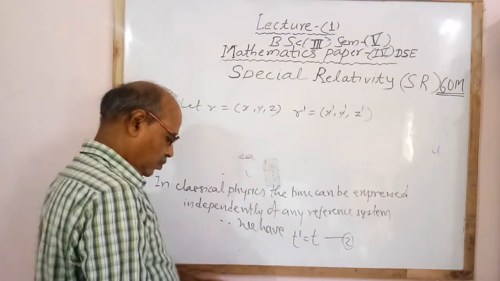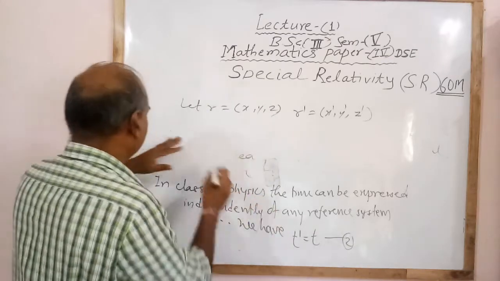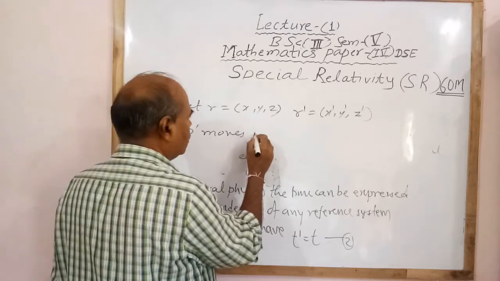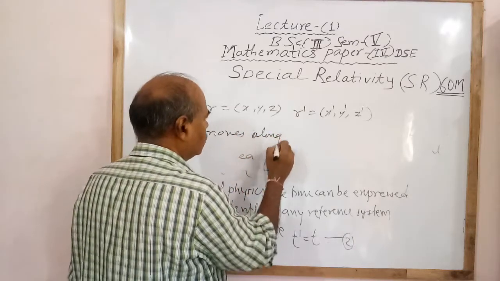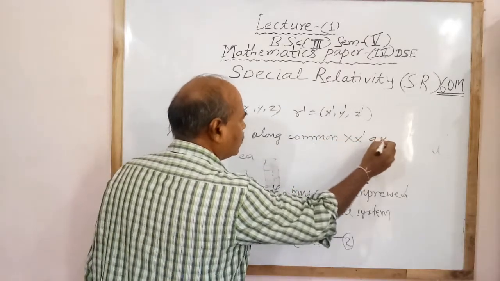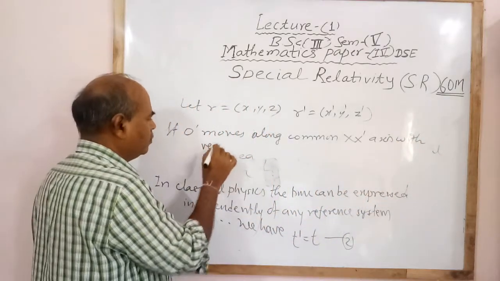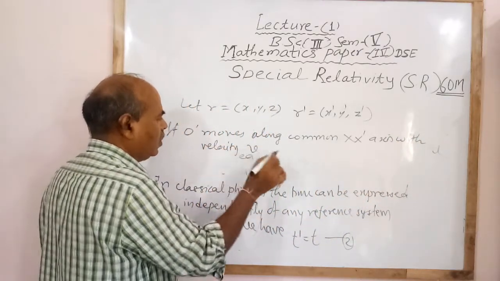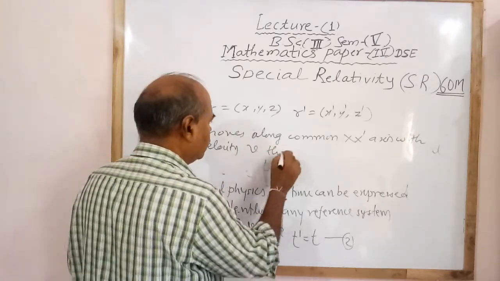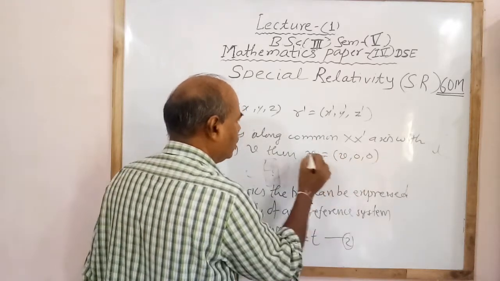Therefore, if O dash moves along common x dash axis with velocity v, then velocity v equal to v, 0, 0.